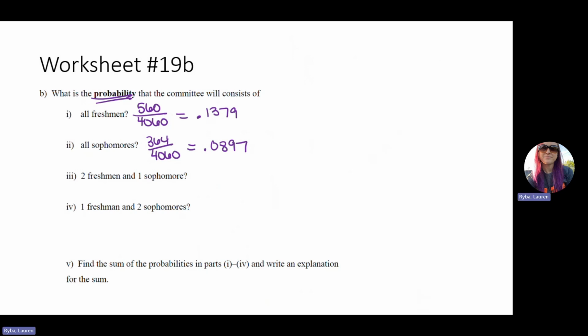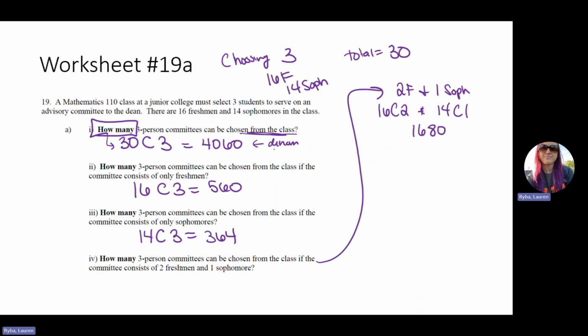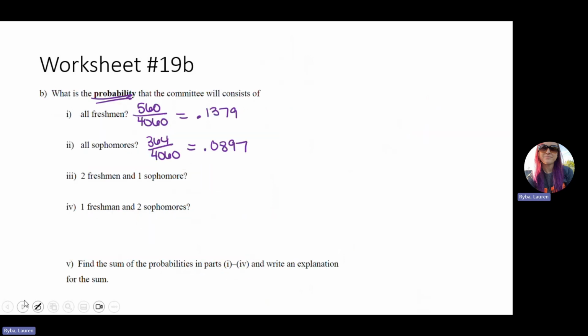We found how many ways 2 freshmen and 1 sophomore were chosen. That was here. How many ways 2 freshmen and 1 sophomore happened was 1,680 out of the 4,060. I divide that, about 0.4138.